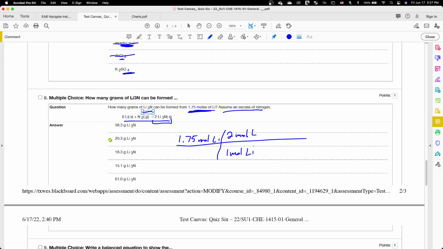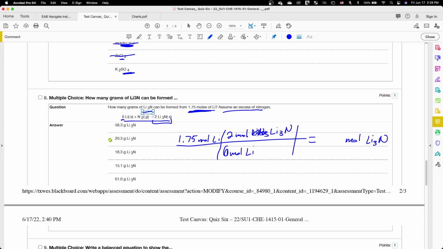I actually did this wrong. I read the number wrong. Look right here, it's actually 6 moles. For every 6 moles of lithium, we get 2 moles of lithium nitride. Oops, and I'm writing this all wrong. Li3N. There we go. And that should give us the number of moles of lithium nitride.